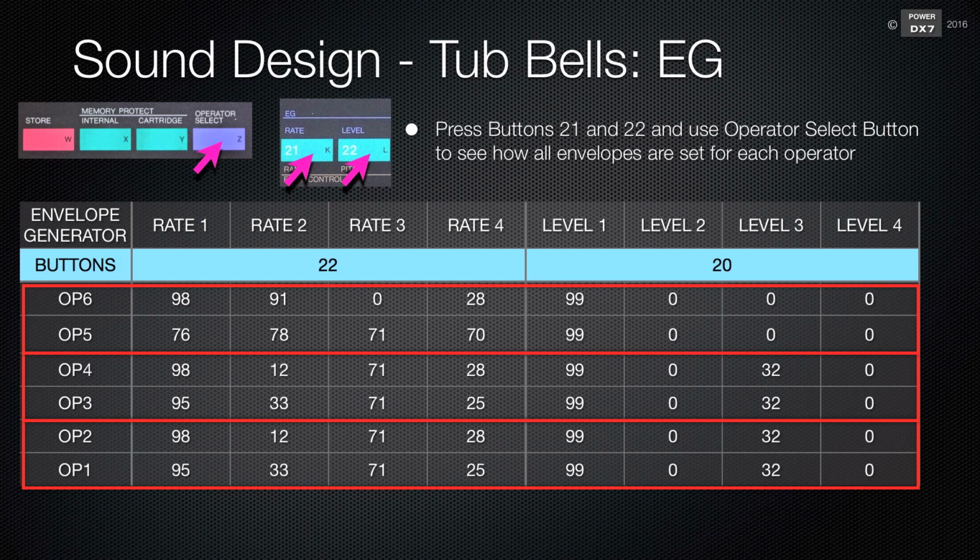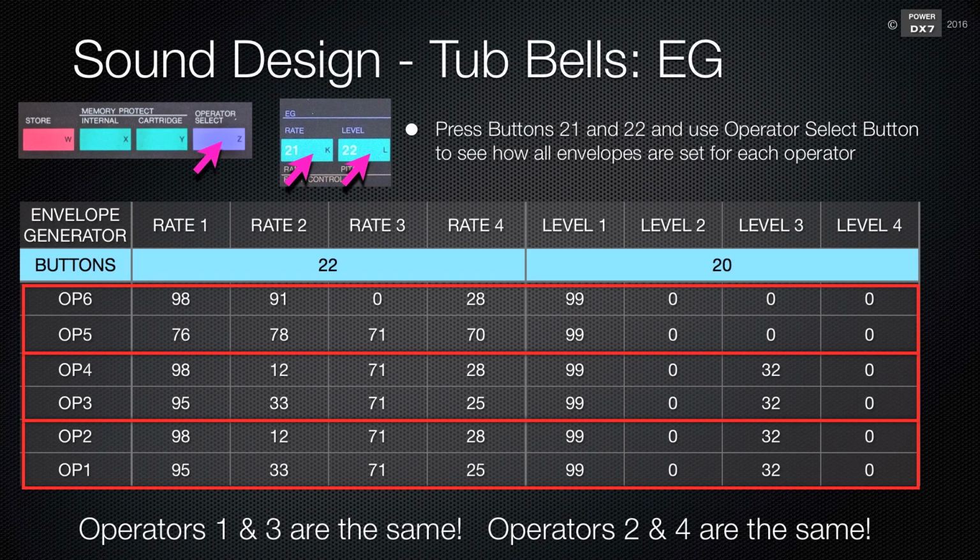Based on the carrier and the modulator relationship of the FM synthesis, operators 1, 3, and 5 act like a VCA, controlling the volume of a sound. As operators 2, 4, and 6 are modulators, their envelope act like VCF envelopes, controlling harmonic/inharmonic contents of a sound over time.